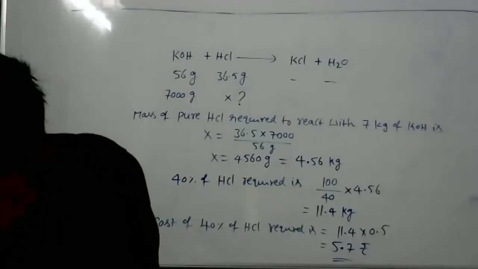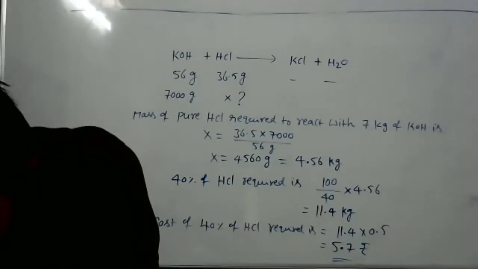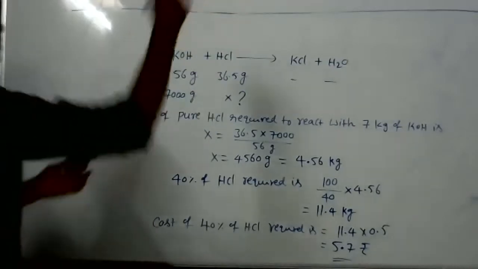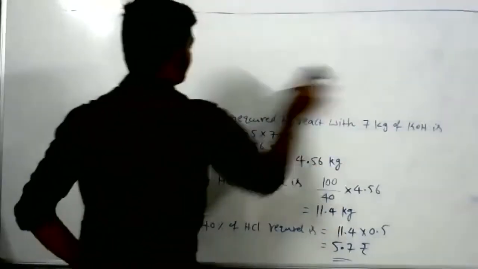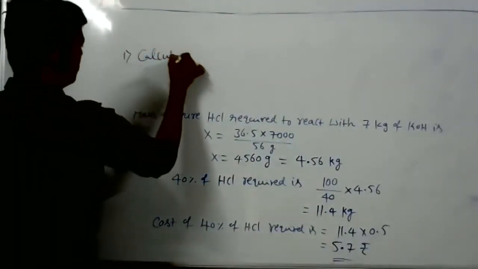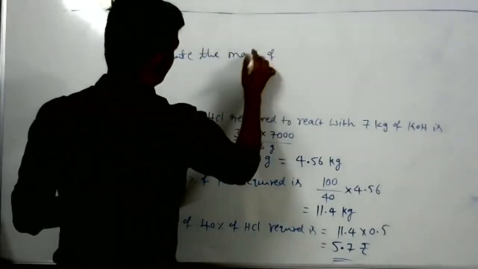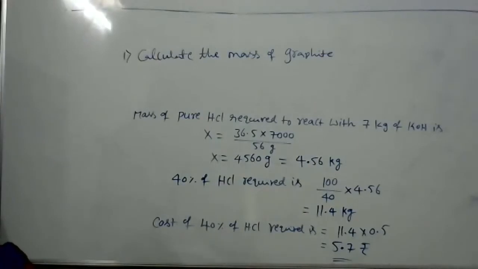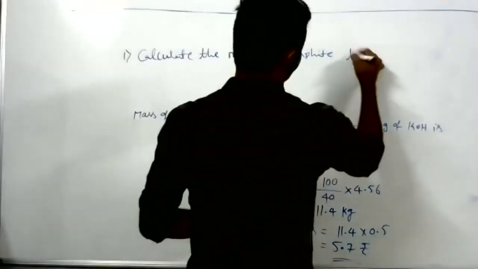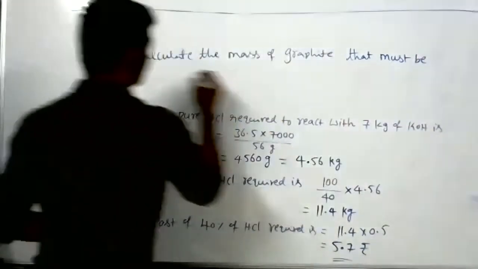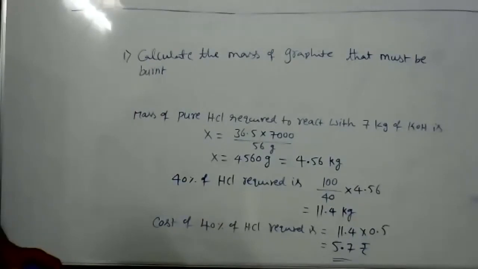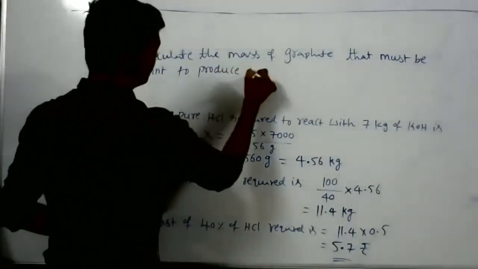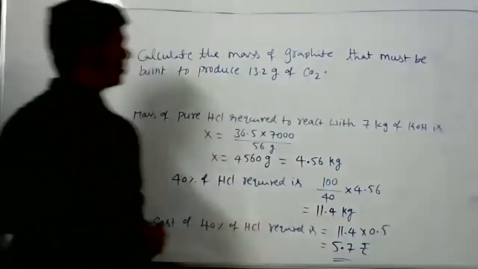Today also I will give you a few questions, solve these. The first question: calculate the mass of graphite that must be burnt to produce 13.2 grams of carbon dioxide.